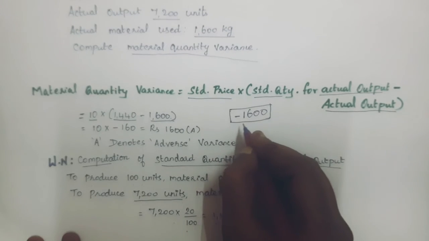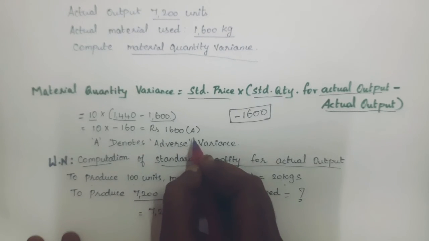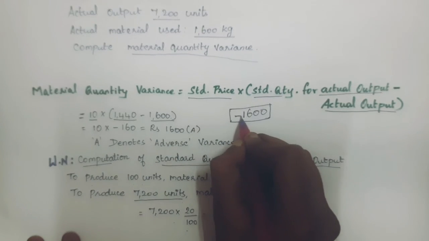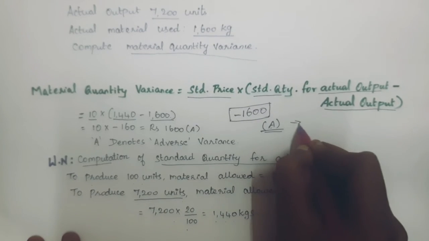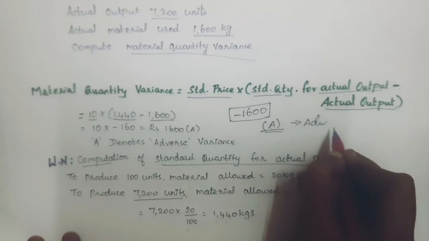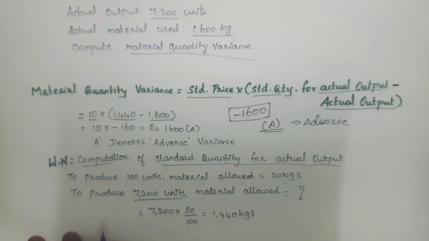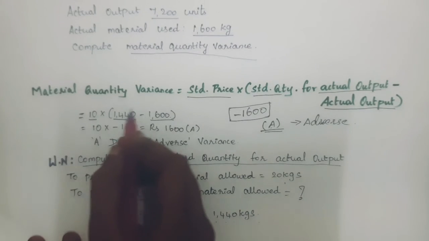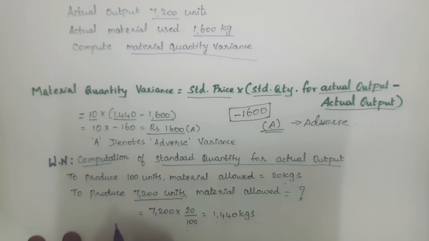In rupees we don't mean the negative or positive value, so we'll just put rupees 1600. But the amount is negative, so we'll put A. A is nothing but adverse. So the material quantity variance is rupees 1600 adverse.